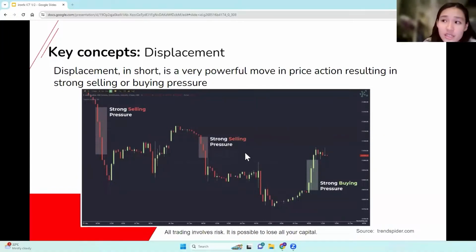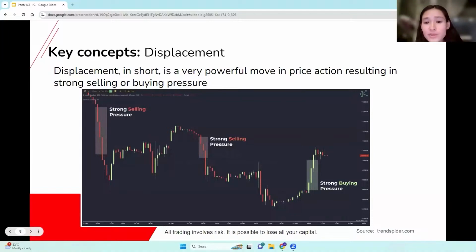You can see in the image here, strong selling pressure would look like these candlesticks, which have large real bodies and very short wicks, and that suggests that there is very little disagreement between buyers and sellers. If we are looking at strong buying pressure, like the one we see over here, similarly, the body of the candlestick is long, whereas the candle wicks are pretty short.